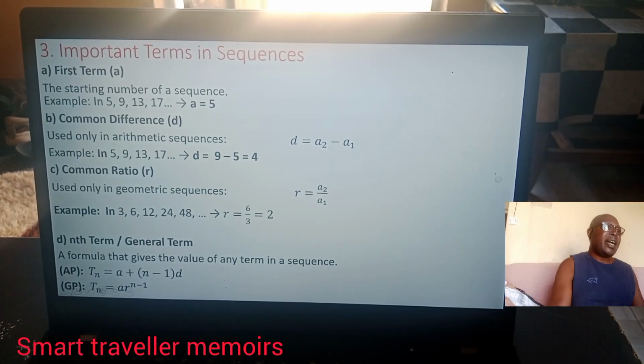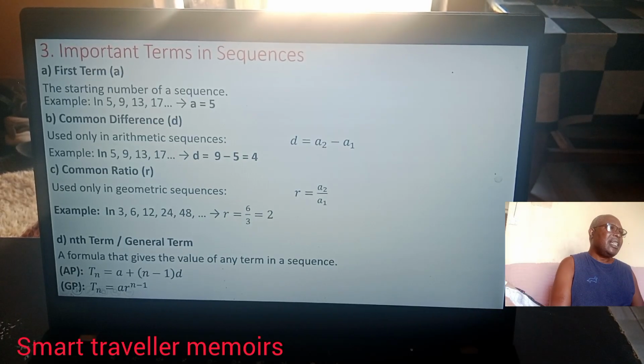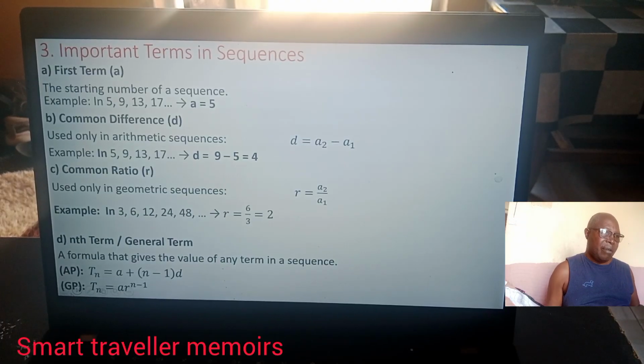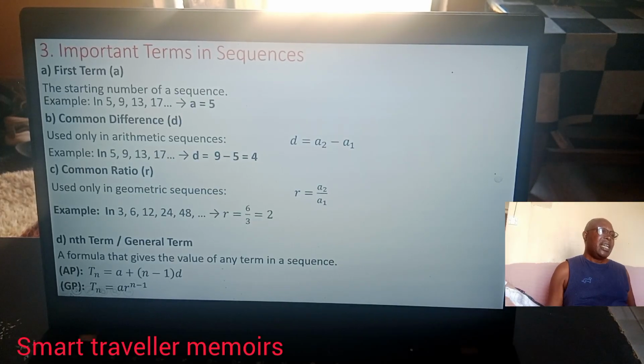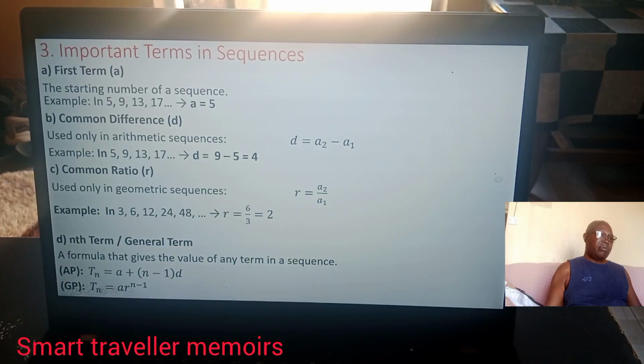Common ratio is used only in geometric sequences, and it is given by r is equal to A2 over A1, where these are consecutive terms. For example, in 3, 6, 12, 24, 48, r is equal to 6 over 3, which is 2.